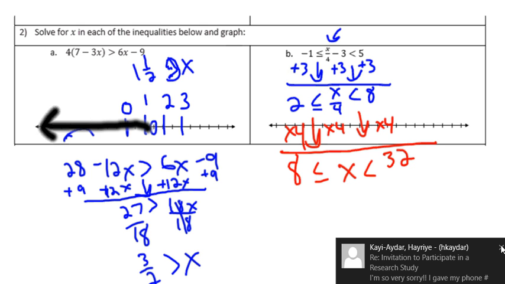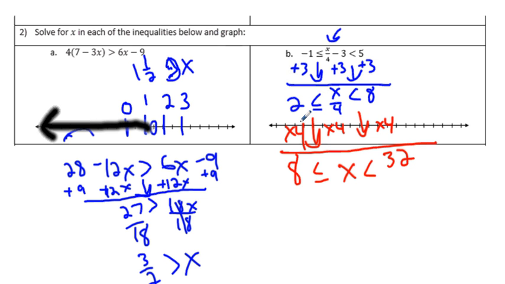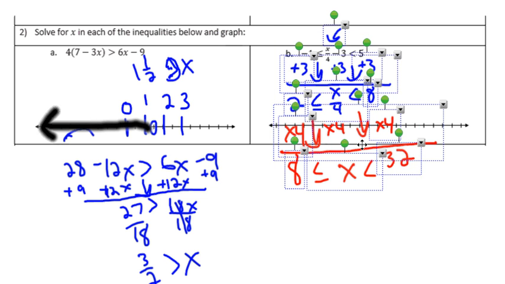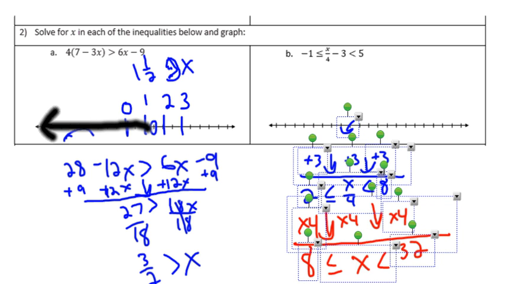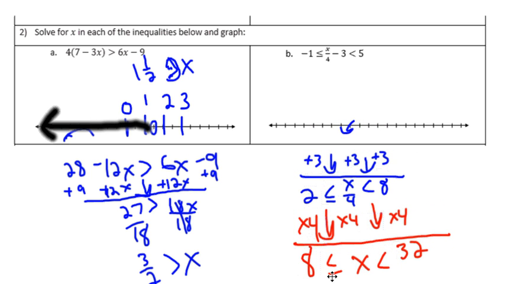So our solution is all real numbers greater than or equal to 8 and less than 32. So our number line is going to have to include both of these reference points somehow.